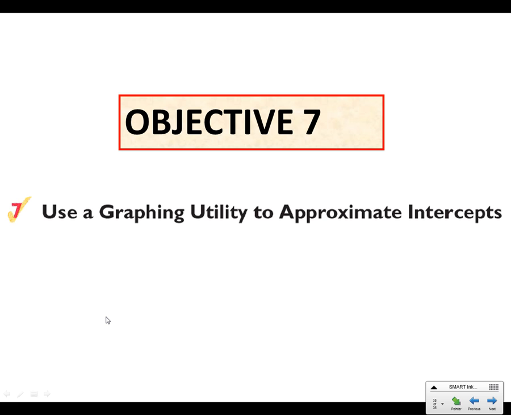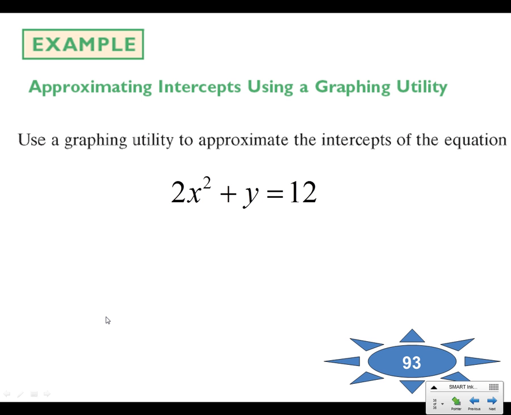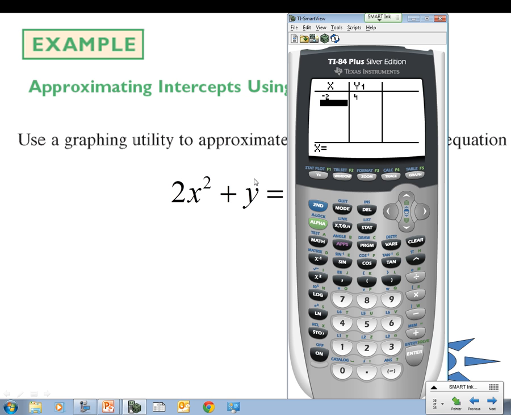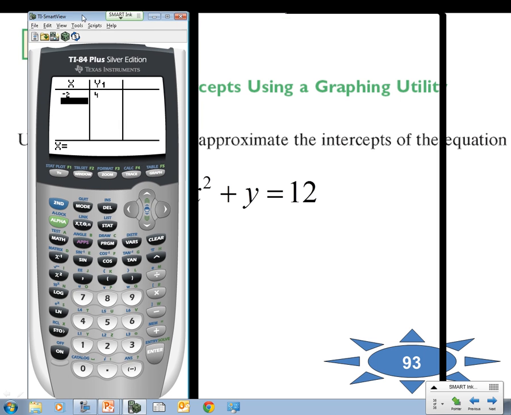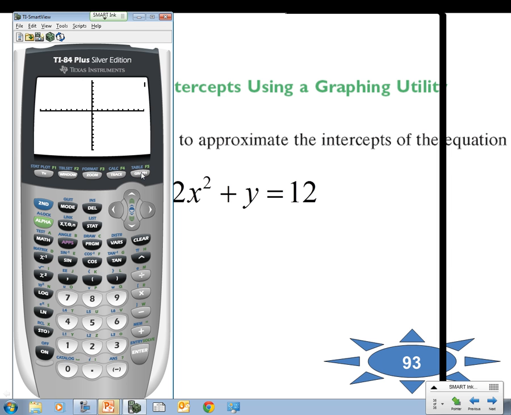Okay, let's use the graphing utility to approximate those intercepts. Same equation, we're going to put it in there, and now we want to find the intercepts. We know from graphing this that just visually there are 2 x-intercepts and 1 y-intercept.